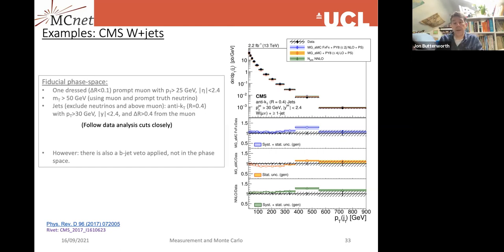Now that intrinsic limit will be a lot smaller than the actual experimental precision, so that's not really a terrible thing to have done here. But it's a little bit annoying, because they could have implemented that B-jet veto in the fiducial phase space, and then we wouldn't have had this problem in the first place.